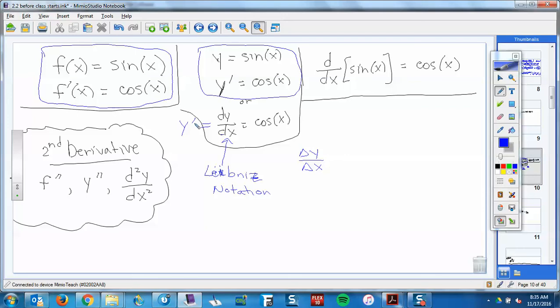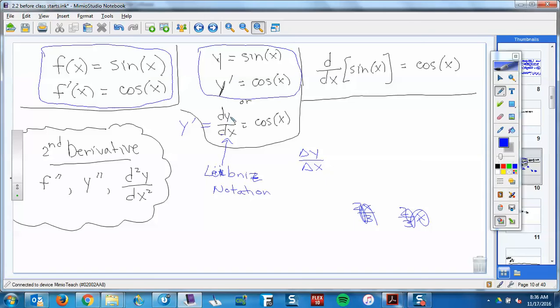But the nice thing about it, think about this. You know how in a fraction, if you have 2x over 3, you can move that x and stick it down in front, and it's the same thing? So 2x over 3 is the same as 2/3 x. Everybody agree with that? If it's on top, it's kind of like being out in front. Well, we can do that same thing with this notation.